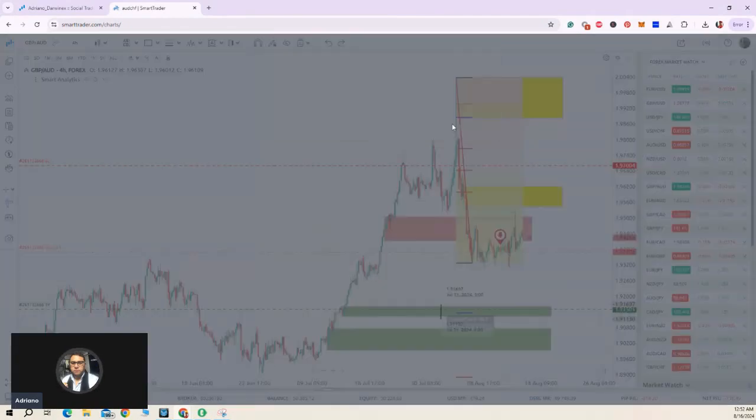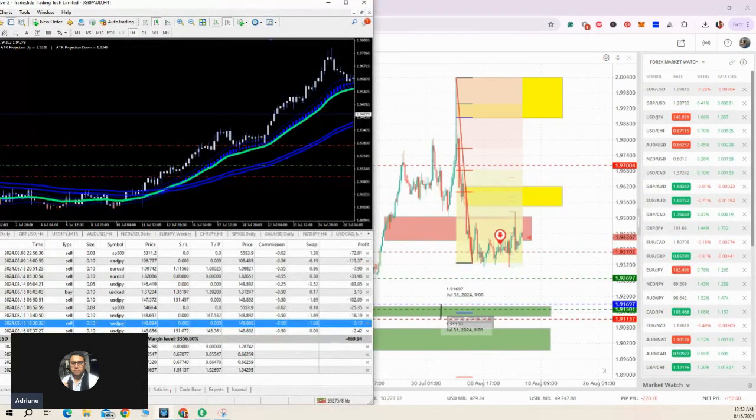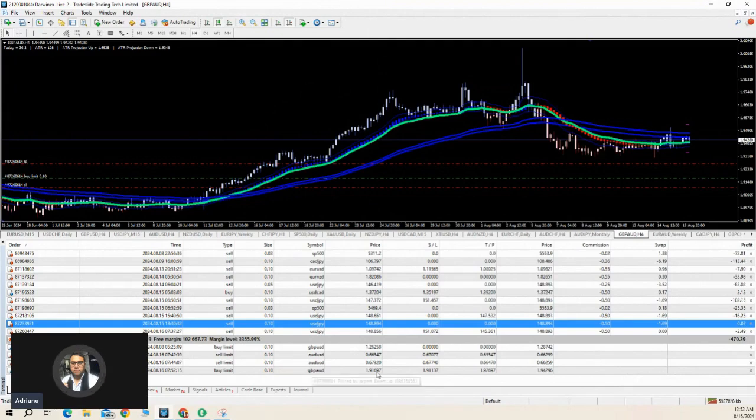I don't think you're gonna be able to see it, but I'll show you. Is this the one here that I just placed? Yeah, if the market comes back now to 1.9169, we're gonna get in on the trade. If not, just gonna wait and see.